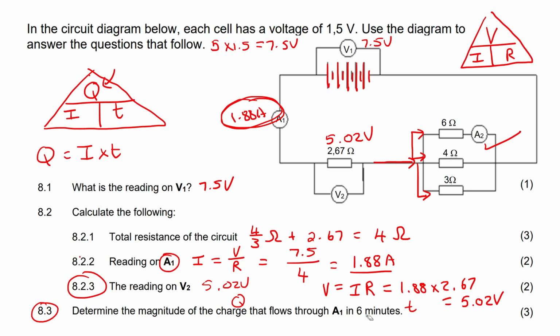We know going through A1 the current is 1.88. The time is 6 minutes, but we definitely want that in seconds, so we multiply that by 60. If you work this out, you end up with 676.8. And charge is measured in coulombs.